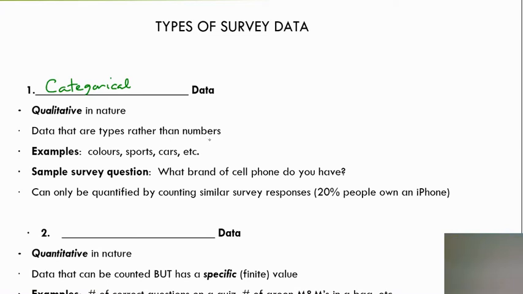So they're not measurable, they're just ways to categorize things. Sample survey questions are, what brand of cell phone do you have? They can only be quantified by counting similar survey responses, like 20% of the people own an iPhone, for example.